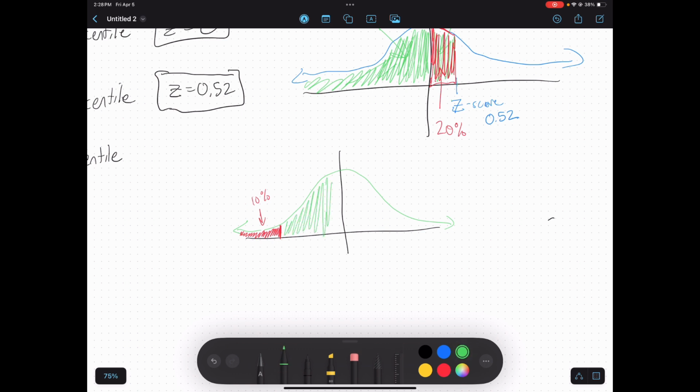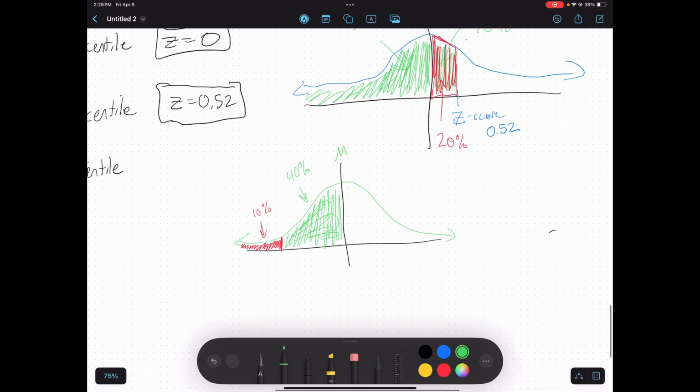That's this area. That's how far away I am from 0. If I've only reached 10% of my area on this side, then that means the rest is 40%. Why? Because 50% of your data will always be on the left side of the mean. If I do 50% minus 10%, that gives me this area, and that's my area between my z-score and 0. So that's what I'm going to look for.